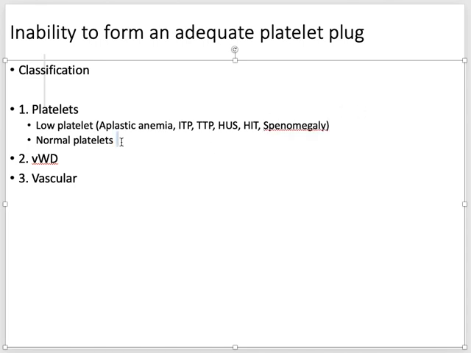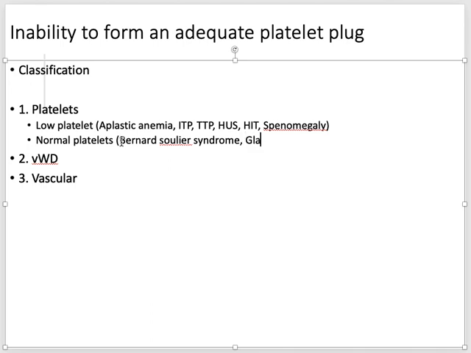And when the platelets are normal, there could be acquired problems and hereditary problems. I told you about Bernard-Soulier syndrome, in which there is glycoprotein 1b deficiency, so the platelets cannot attach.